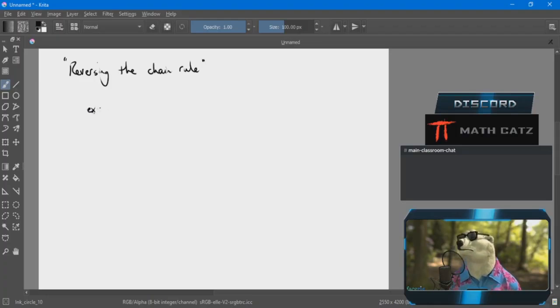For example, if I have the perfect situation where I have a function of a function, for example, let's say it like that, x cubed plus x, and I have something ridiculous here as my outside function.